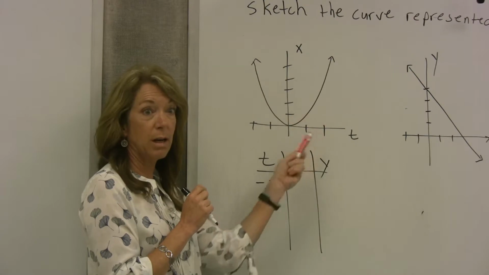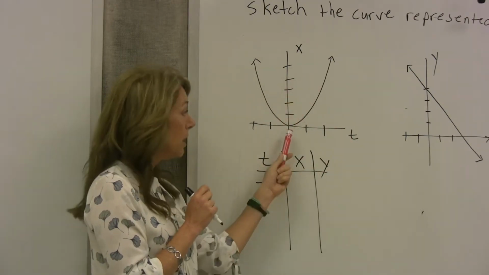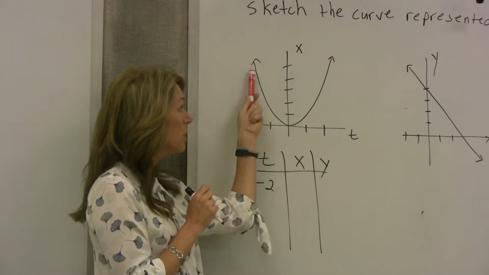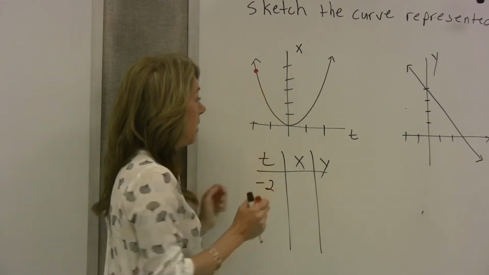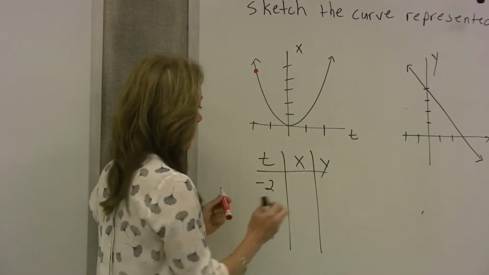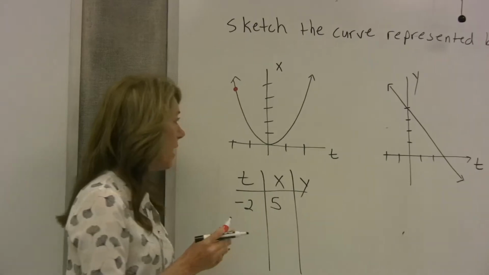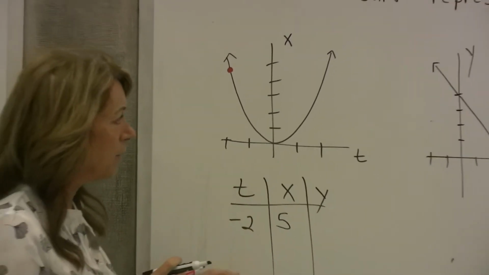There's a relationship right here, between t and x. Yeah, if I go to -2, looks like about 5 to me, right? That point right there, -2, 5. So that's the x value for -2. What's the y value for -2?